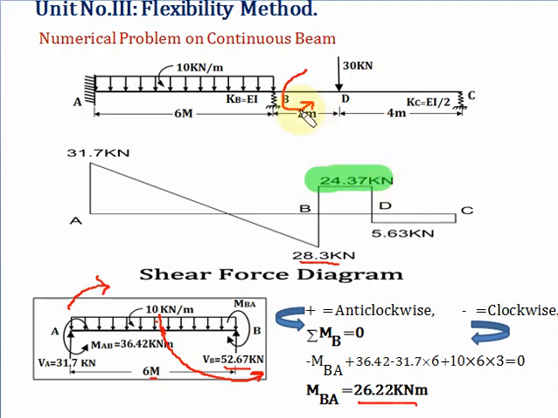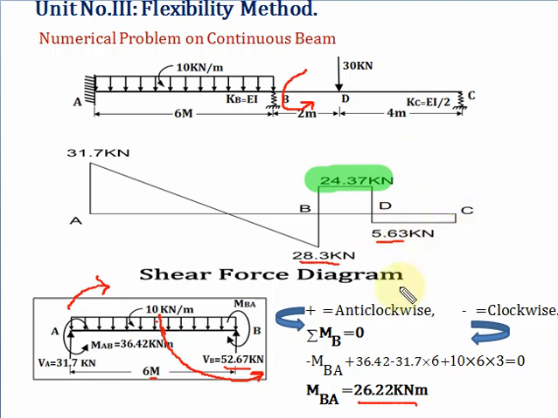So minus 28.3 plus 52.67, so we'll get the value 24.37. Okay, now in portion BD there is no load, so join by a horizontal line. Now at point D there is a point load of 30 kilonewton, so plus 24.37 minus 30, so we'll get the value 5.63. Now in portion DC there is no load, so join by a horizontal line.